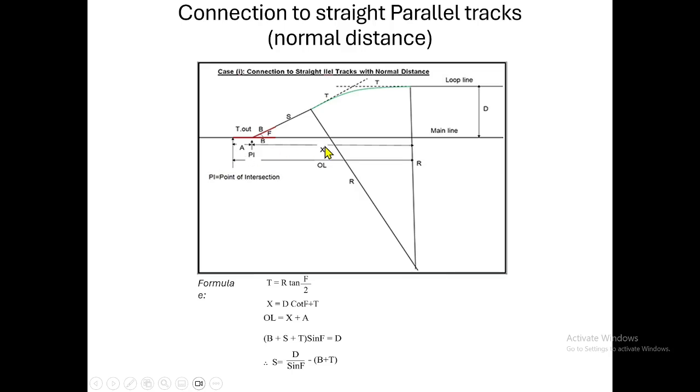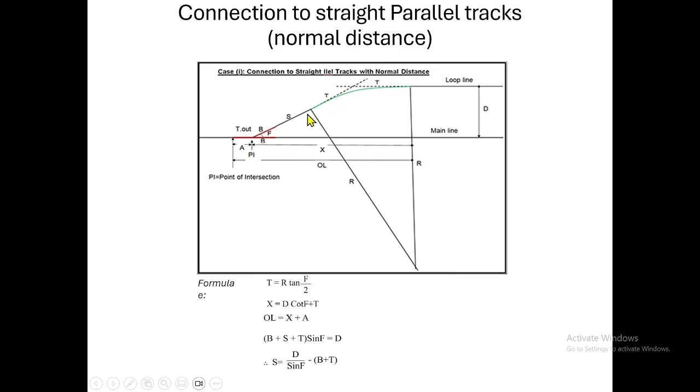Take this triangle: solving it gives the horizontal distance, to which we add the tangent length, so we get the total length of x.